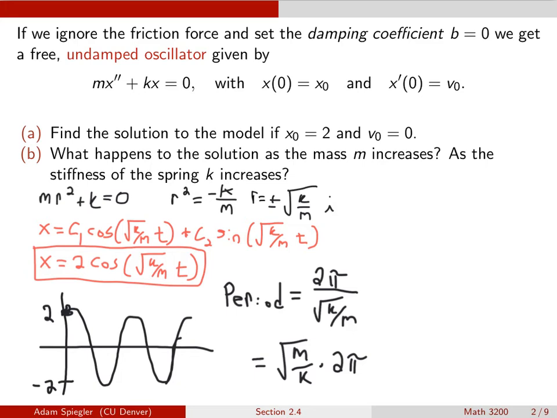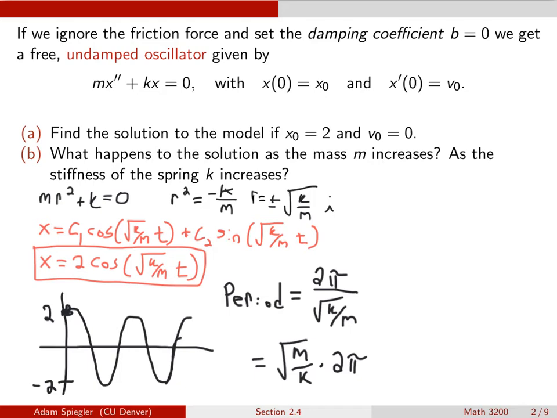And so what effect do the coefficients m and k, the constants, have on the behavior here? Well, they really are only going to play a role in terms of the period, the frequency of the oscillations.